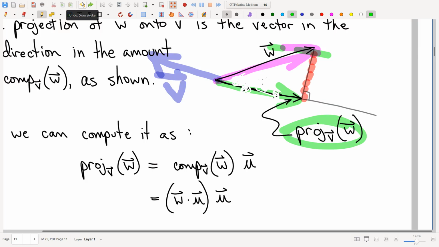If you took the formula on the previous page in a case like this and computed the component, it would be negative. You'll also find that the unit vector U would point that way. So when you take this formula down here, U is pointing in the opposite direction of previously, the component is negative instead of positive, and that's why, from an arithmetic point of view, you get the same projection vector.